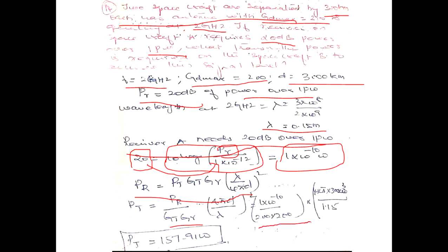PR we calculated and substituted here. 4 pi D, with D given as 300 into 10 power 3, and lambda we calculate using C by F, where F is equal to 2 gigahertz. If you substitute all those, you will get the answer PT equal to 157.91 watt.